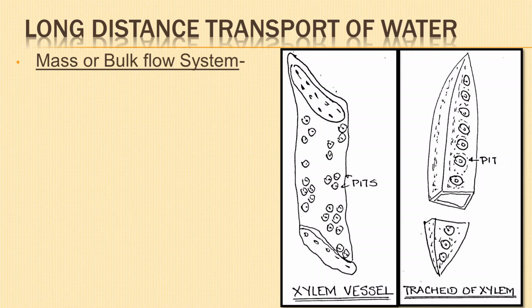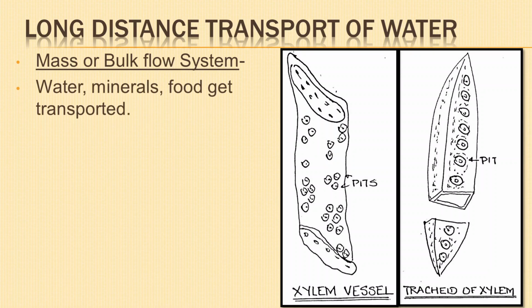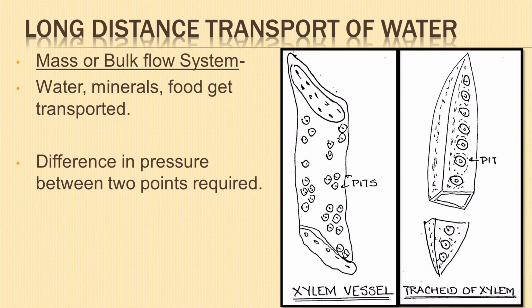Water, minerals, and food are transported by a mass or bulk flow system. When there is a difference in pressure between 2 points, movement of substances takes place in bulk from one point to another. The hydrostatic pressure gradient may be negative or positive.